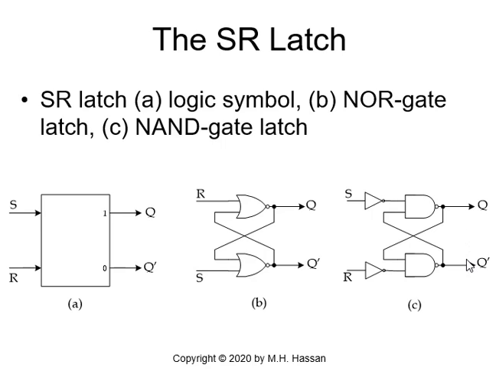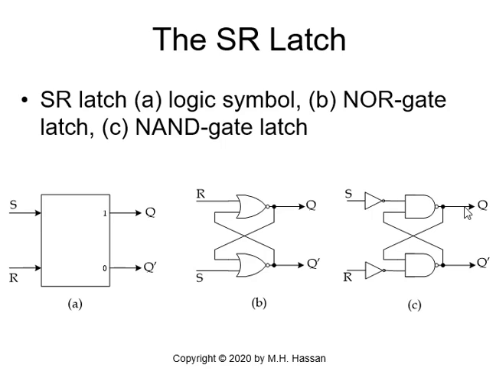Now if Q is 0, Q prime must be equal to 1 by definition. So the lower NAND gate will have 0 NAND 0, which is equal to 1. And 1 NAND 1, because S prime is 1, is equal to 0.